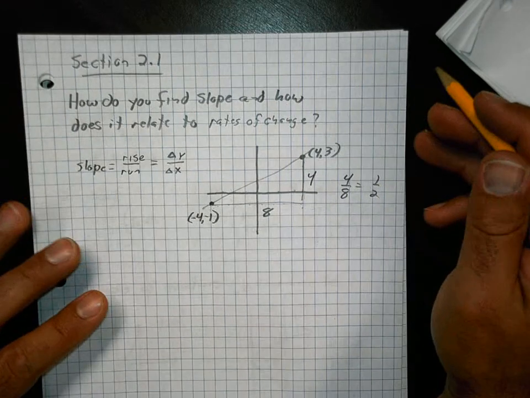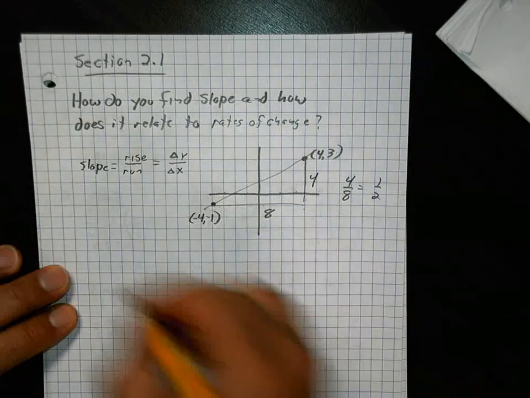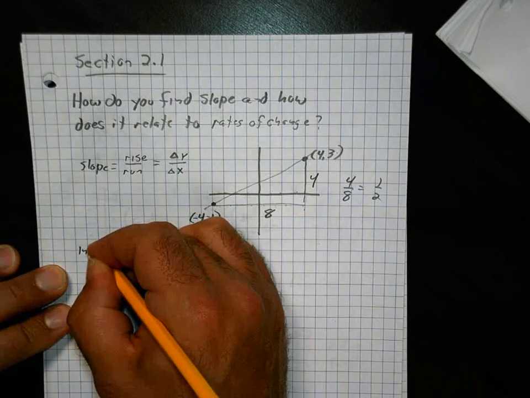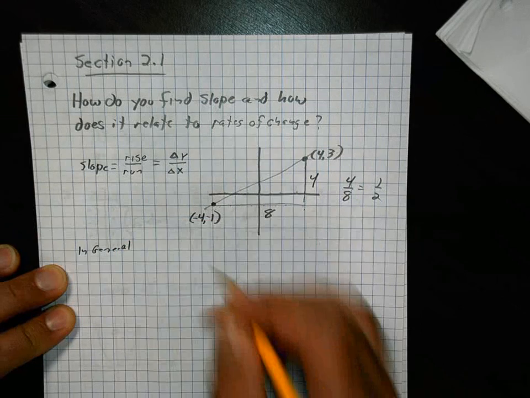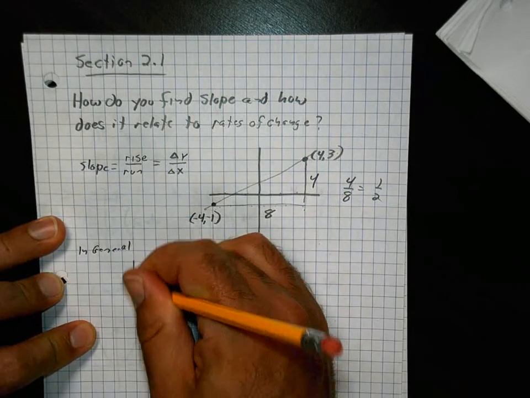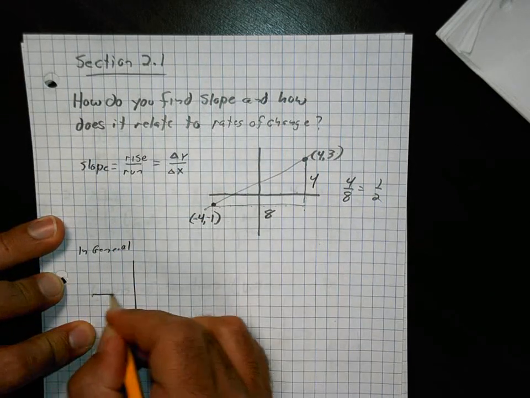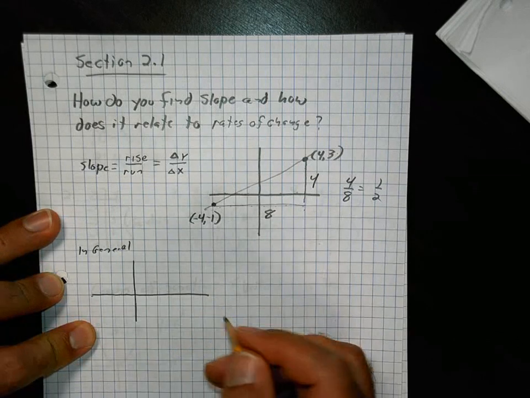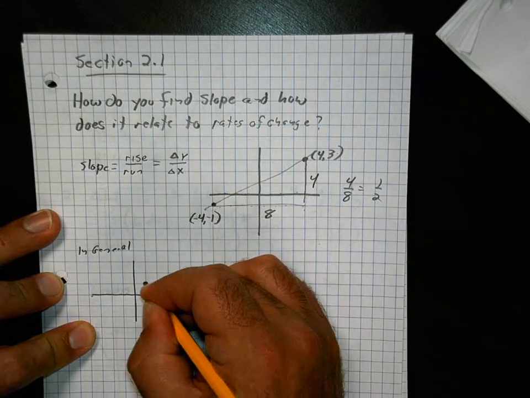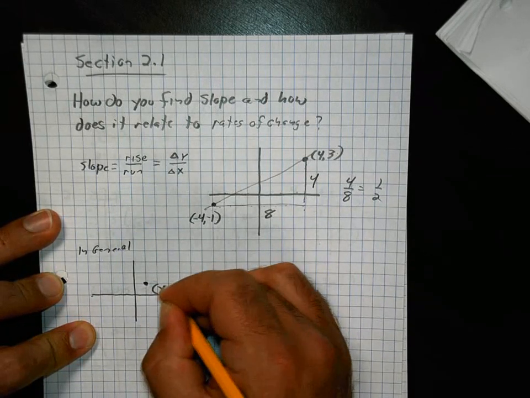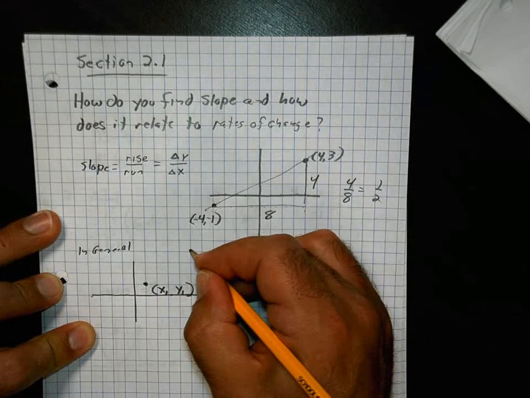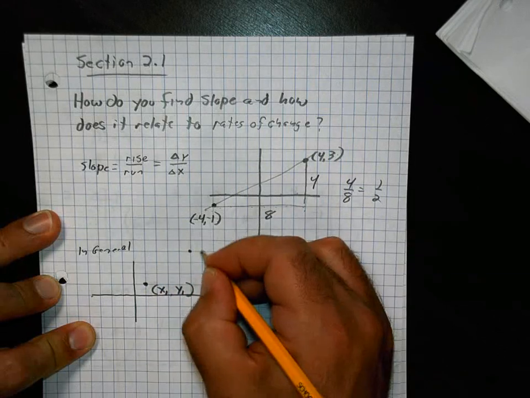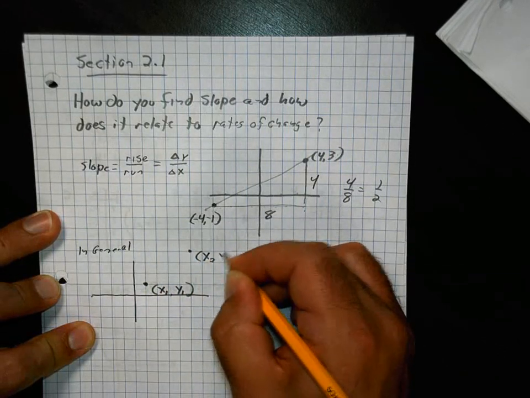In general, we have a formula. We want to look at that. So let's just plot some points in general. So let's just say this is x1, y1, and we have another coordinate up here, x2, y2.